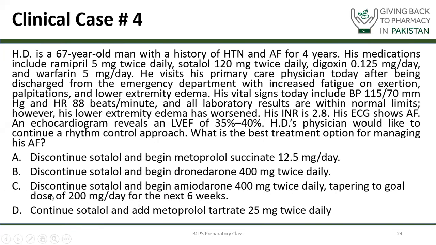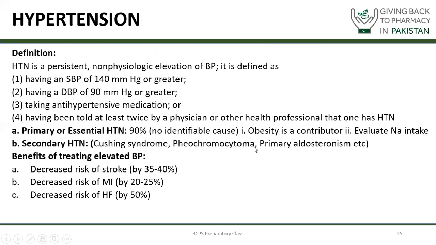So this is the choice, C. For the last, discontinue sotalol and add metoprolol. The other options cannot be, because in heart failure the recommended options are only amiodarone and dofetilide. So you have to keep in your mind in what condition which regimen you will choose.